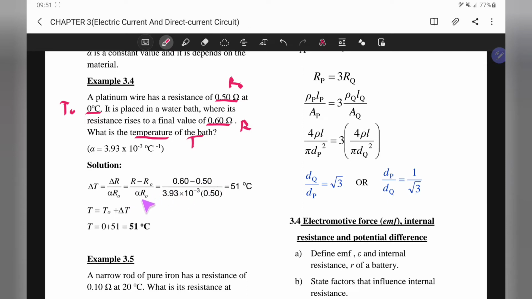Alpha is given already, and R naught again, so you will get delta T, where delta T equals T minus T naught. By rearranging the equation, you will get final temperature equals T naught plus delta T. T naught is given already, which is 0 degrees Celsius, and the delta T we got now is 51 degrees Celsius. Add them and you will get the final temperature.